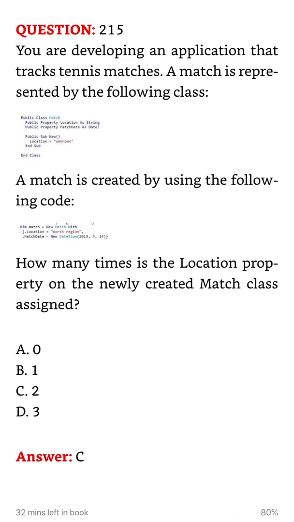A match is created by using the following code: match equals new match with location equal north region. How many times is the location property on the newly created match class assigned? The answer is C, 2, twice. One when it's instantiated and the second when it's redefined.